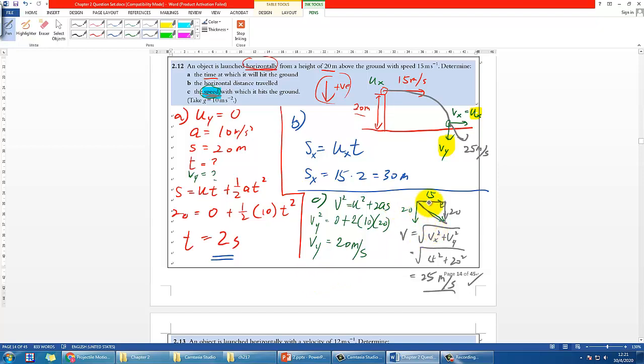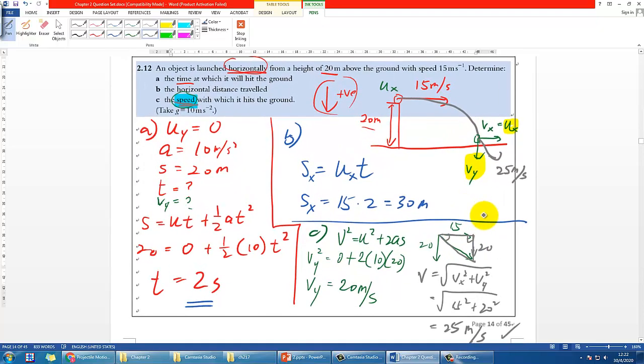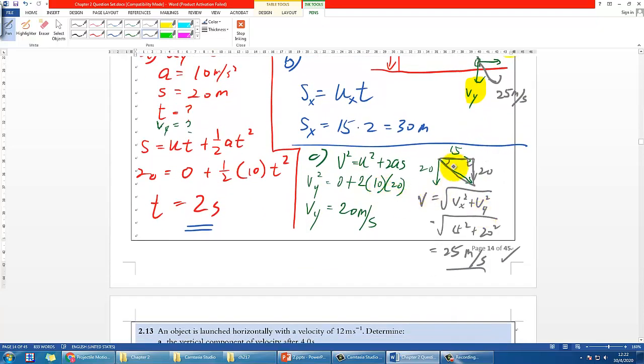The easiest way is to find the direction from the horizontal. Imagine this is the triangle. Let me zoom in, and let's say this is the angle you are talking about. The easiest way to find this angle is again using trigonometry.